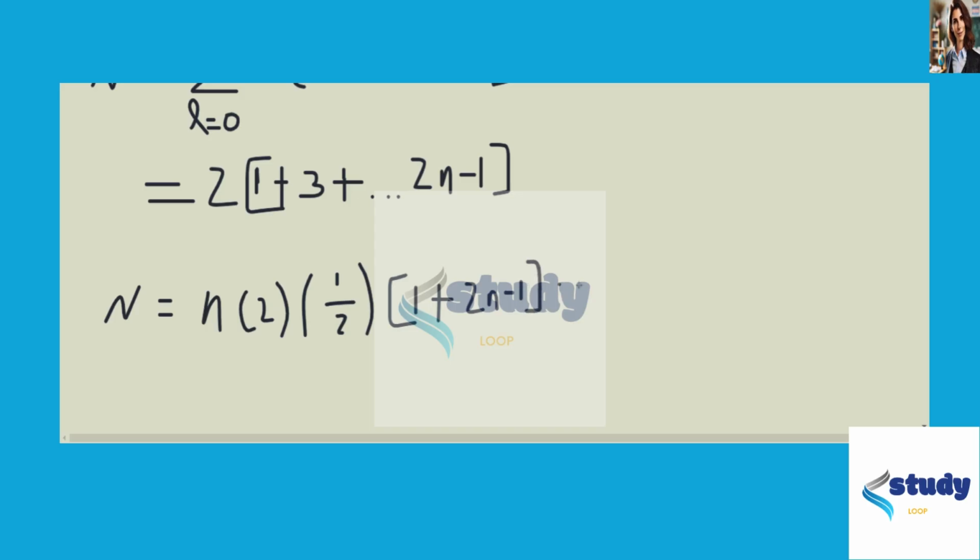So carrying this out, simplifying, the 1/2 cancels with that 2, and the 1 cancels the minus 1. So this becomes 2n squared.